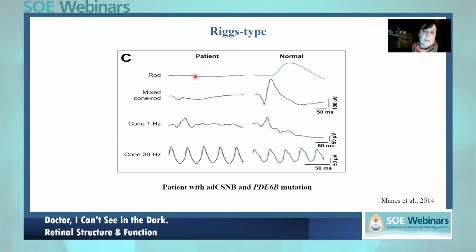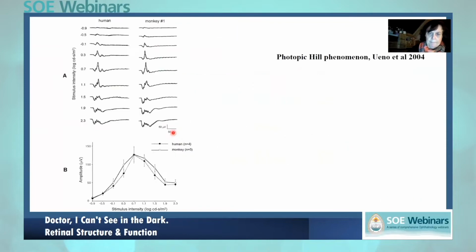No B wave to a dim flash under dark adaptation. The A wave is severely reduced, but also the B wave, and we will come to that. In fact, cone photoreceptor function is preserved. And in these cases, dark adapted responses are actually dominated by cone responses.